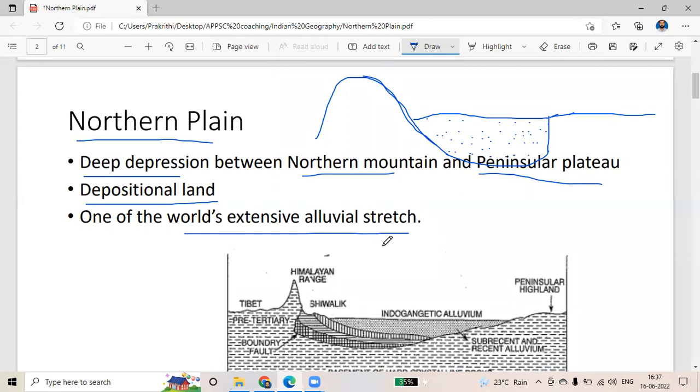For example, the most productive states, Punjab and Haryana, come in this northern plain. Agriculture productivity is highest here. Whether Punjab, Haryana or UP, you can see a vast area of land under agriculture.